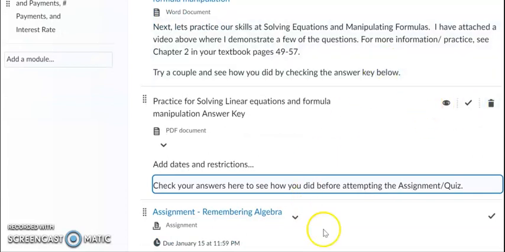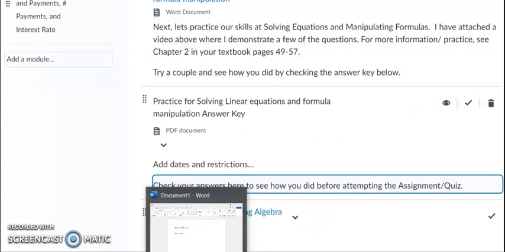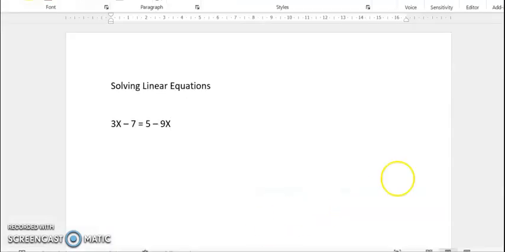Okay, so let's move on to solving linear equations. So I've written an example of one here. And basically, we need to get all of the variables, so the x, on one side of the equation and everything else over to the other side, okay?